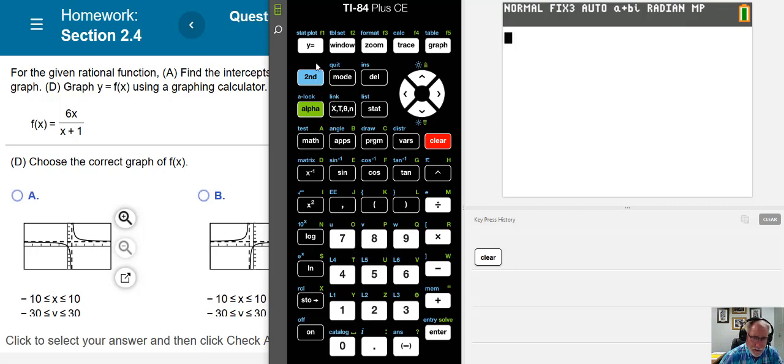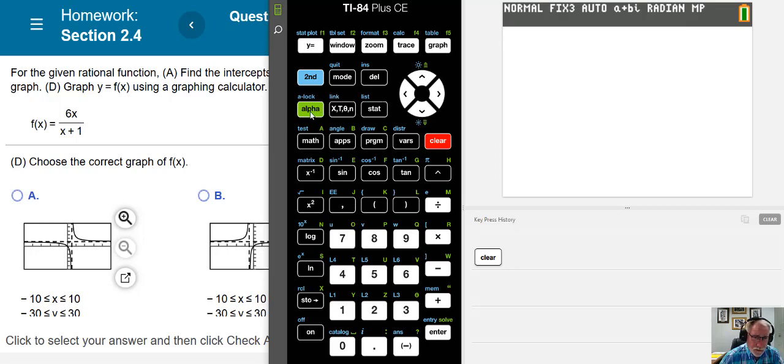On the TI-84 calculator that I'm using, every button I push is going to show up in red as I push it. In the area to the lower right where it says key press history, it lists every button that I push. If I go too fast, then you can always rewind the video.